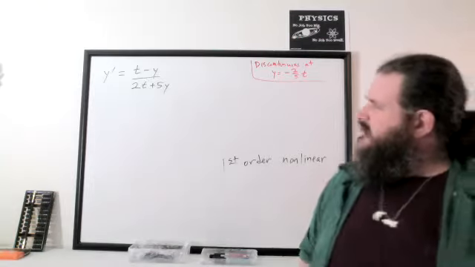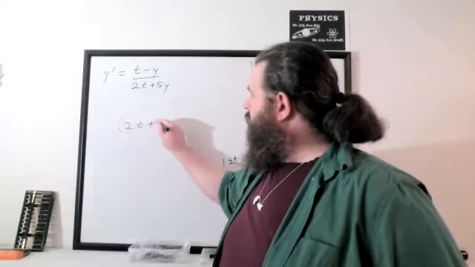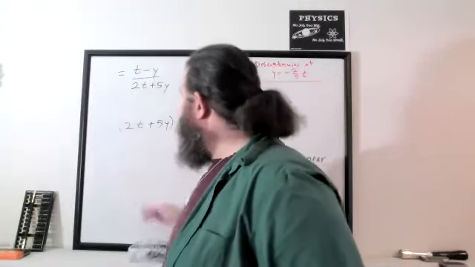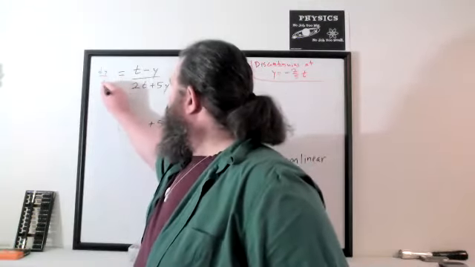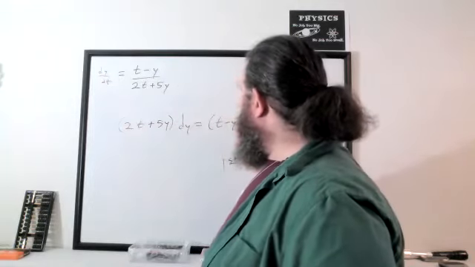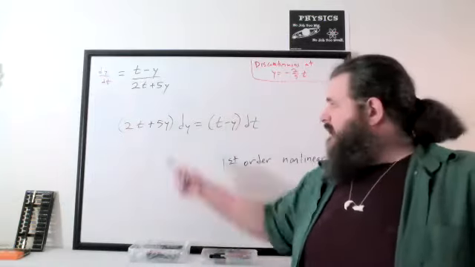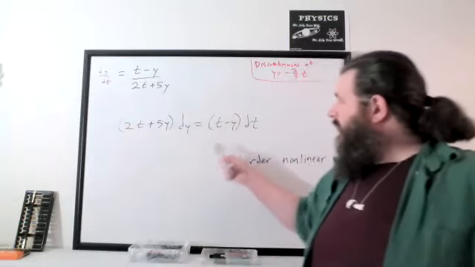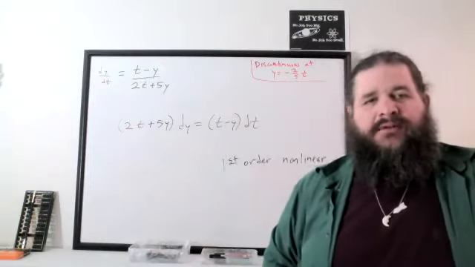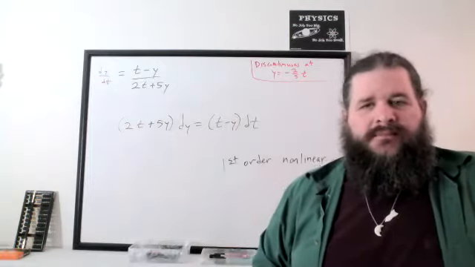I'm not sure if this is really separable either, because the problem is if we try multiplying both sides by the denominator, I'm writing this as dy dt, and then multiply both sides by dt, this doesn't really work either, because it doesn't look like there's any way to get a function of just y dy equals a function of t dt. We've still got a mix of t's and y's on both sides. So it looks like separation of variables also won't work.